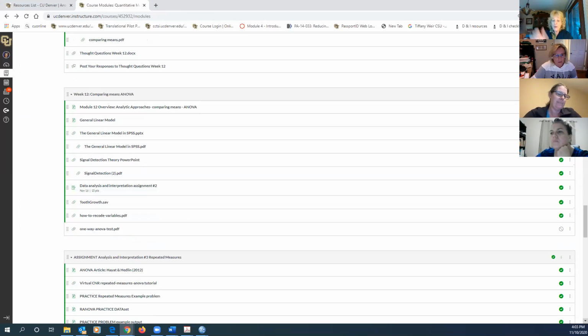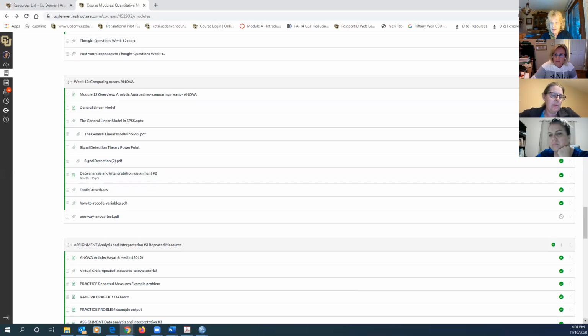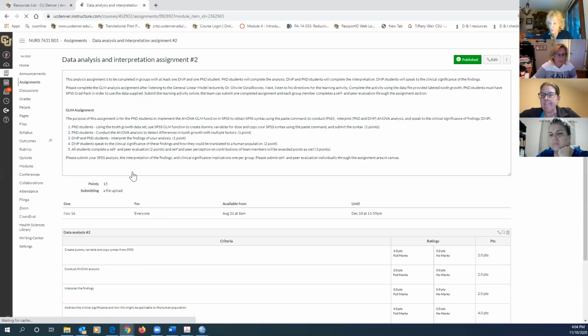Yeah, so he gives you more information than what you need to actually do this assignment, because we're not going to linear regression yet. You're going to talk some about regression in a few weeks, but for the purpose of this, you're going to recode the variables and then conduct the ANOVA analysis.